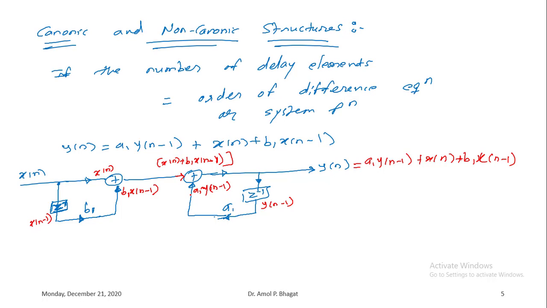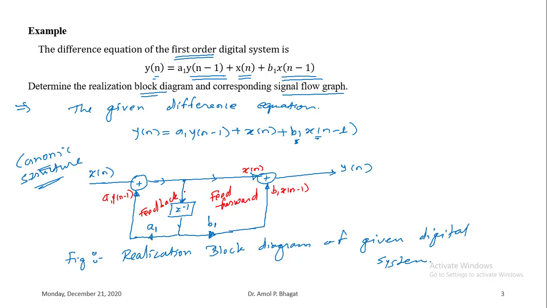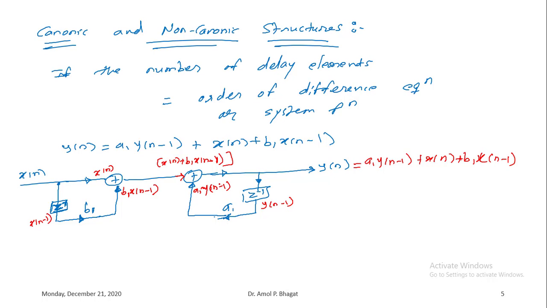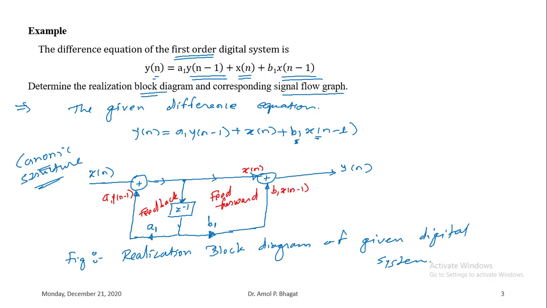Okay, so if you observe these two structures, what we have obtained here and what we have drawn here now, one more delay element has been used, while in the first structure only a single delay element has been used. Two adders and two constant multipliers are there in both cases, but this one was the canonic structure. Why?